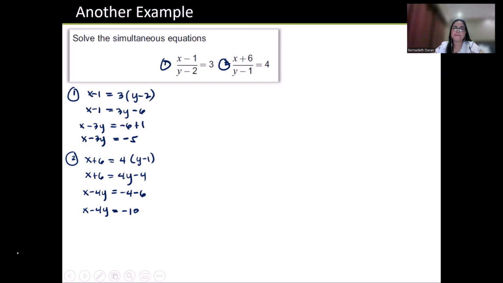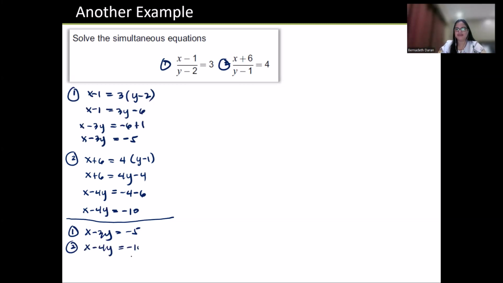Okay. Now, let us align our first equation and the second equation. So again, our first equation is x minus 3y is equal to negative 5. Our second equation is x minus 4y is equal to negative 10.